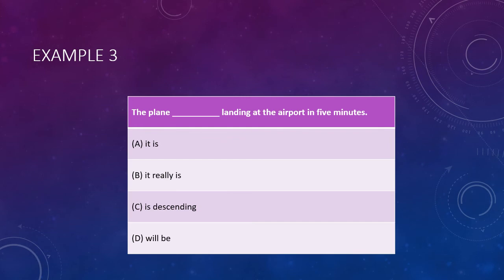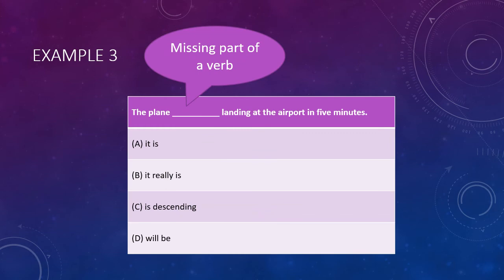Okay, you have to remember that present participles or gerunds, verb ing, cannot stand alone as a verb. It needs a helping verb. It needs either is, am, are, was, were.